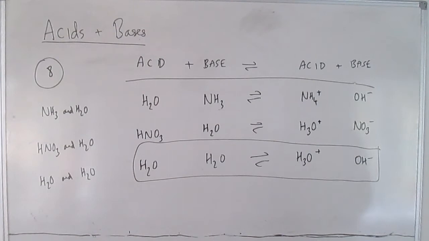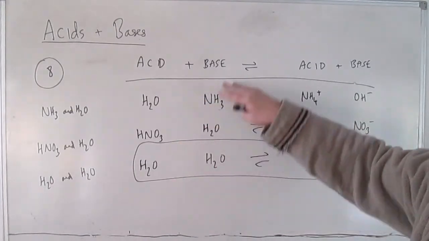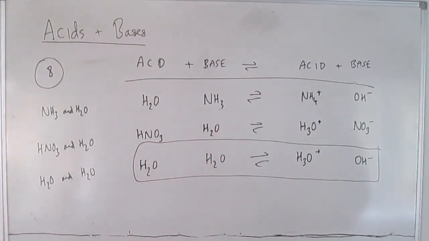Because obviously it's a balanced equation, it fits in with the Bronsted-Lowry definitions. We've seen water can act as an acid, it can act as a base, but the question is, does it? Just because we can write an equation doesn't necessarily mean it happens. Well, the evidence comes from the fact that, for example, if you measure the conductivity of pure water, it's very low.